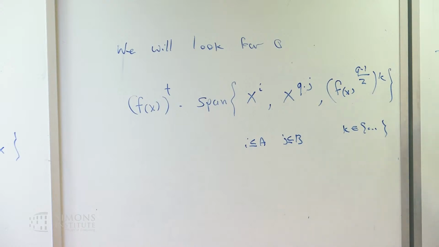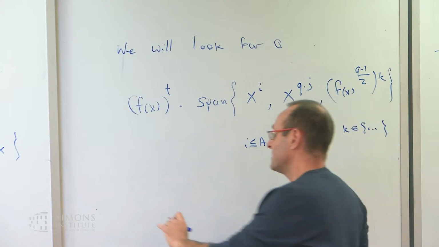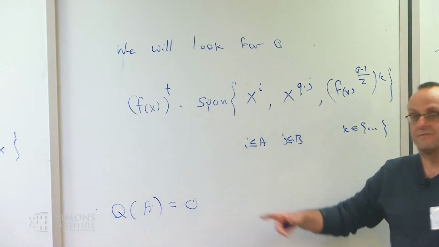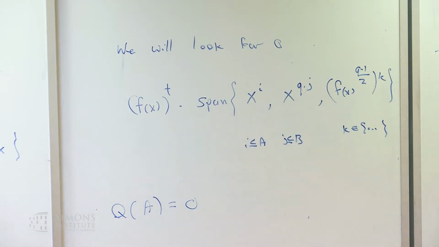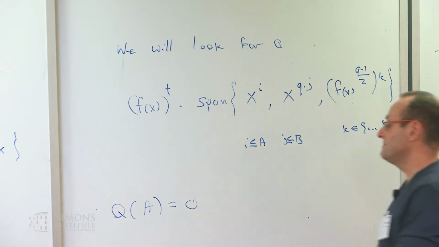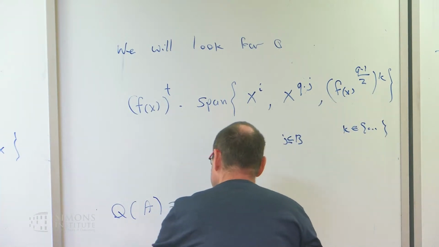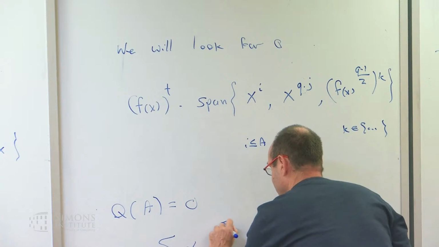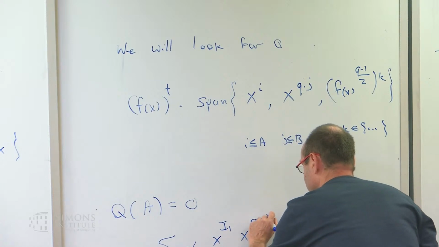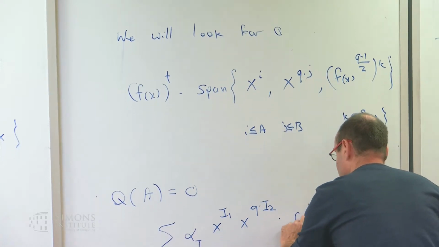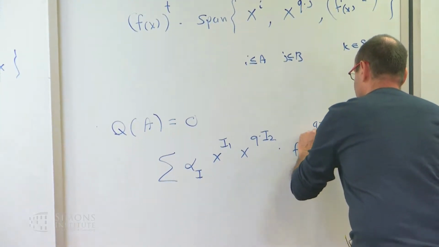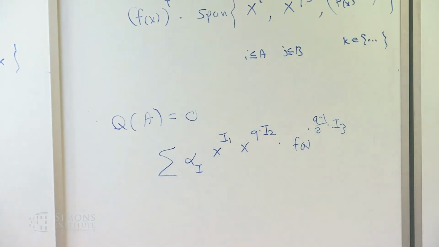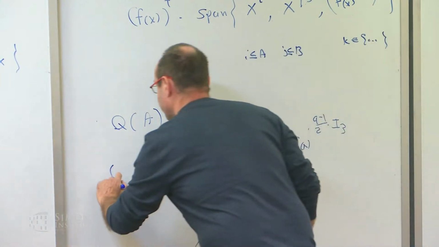Okay, and why is that? The thing is that now suppose we want to impose constraints such that Q of A is 0. Then this means we have Q is a sum over alpha of these elements, x^(i1), x^(q·i2), f(x)^((q-1)/2 · i3). And then we have f(x)^t here.